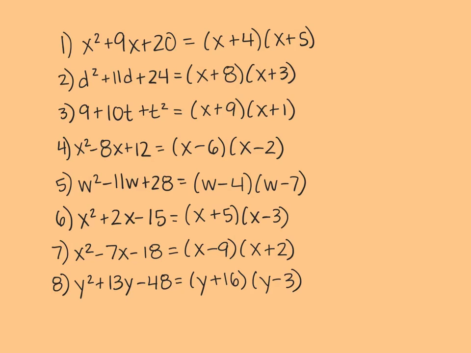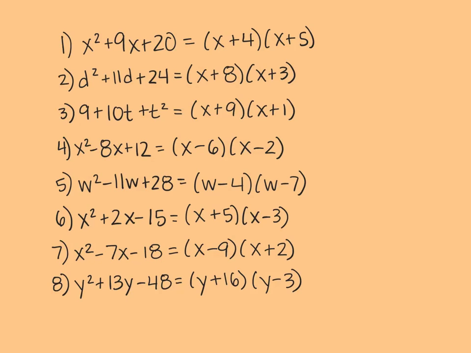One I wanted to highlight is number 3. For this one, the order is switched up where we have the squared variable last, then the middle one, then the number by itself first. We still follow the same pattern where we multiply to get the number by itself, we add to get the number with the single variable.